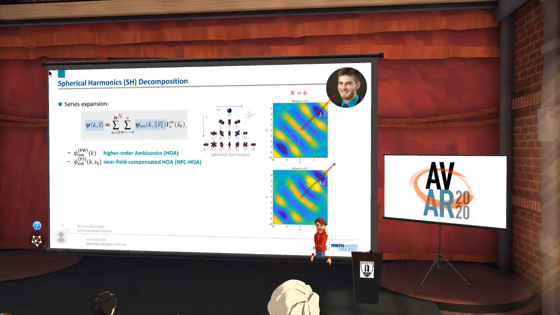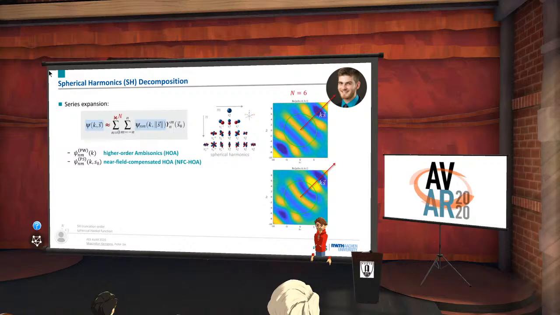And now, since psi ps and psi plane wave are simply functions on the sphere, we can describe them with a spherical harmonic series expansion, where y_nm are the basis functions, and psi_nm are the coefficients that describe our signal phi. But in practice, we have to cope with a spatial band limitation, and we have to introduce a truncation order, which is N.